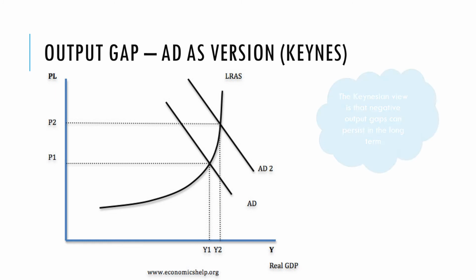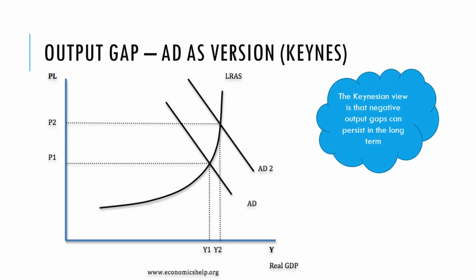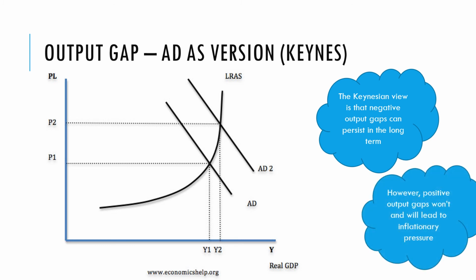Now, a slight difference here in the Keynesian view is that the negative output gap can persist in the long term because this position here and this position here are both on the long-run aggregate supply curve. So in the long term, you can get persistent negative output gaps. However, positive output gaps won't exist in the long term and will only lead to inflationary pressure. So they do agree with that point of view.